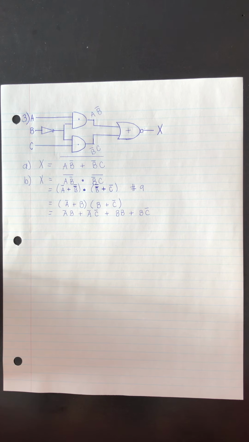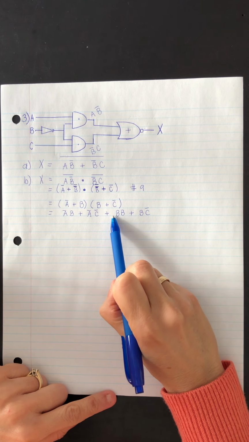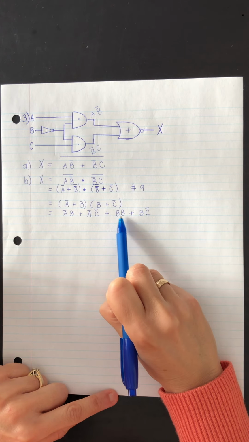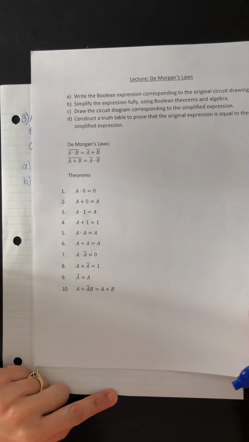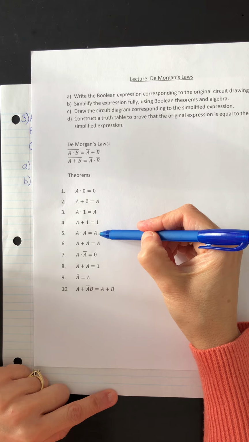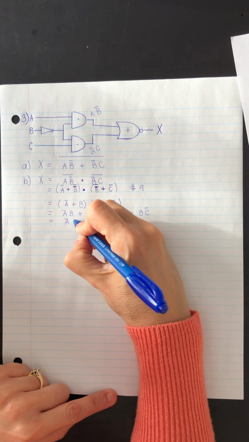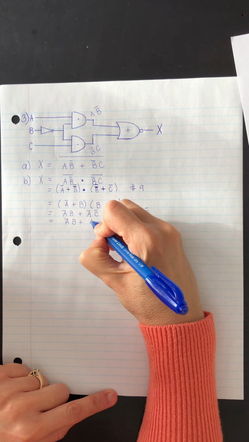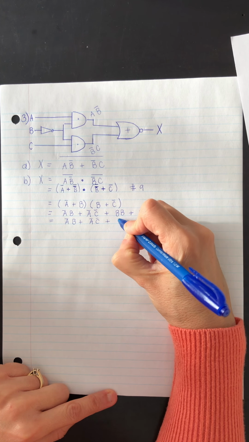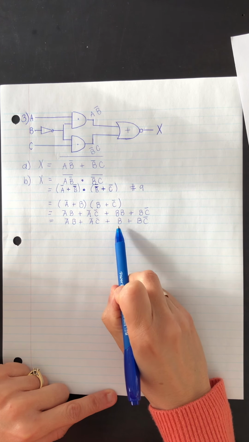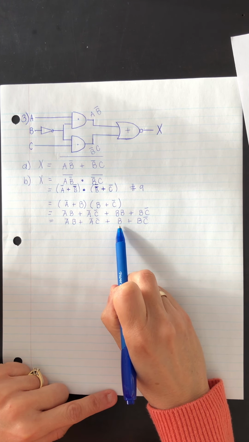Now, one of these terms really stands out to me, and it's this one. B times B is just equal to B, and that's rule 5. So let's use that here. Great, so we've got just a B there.